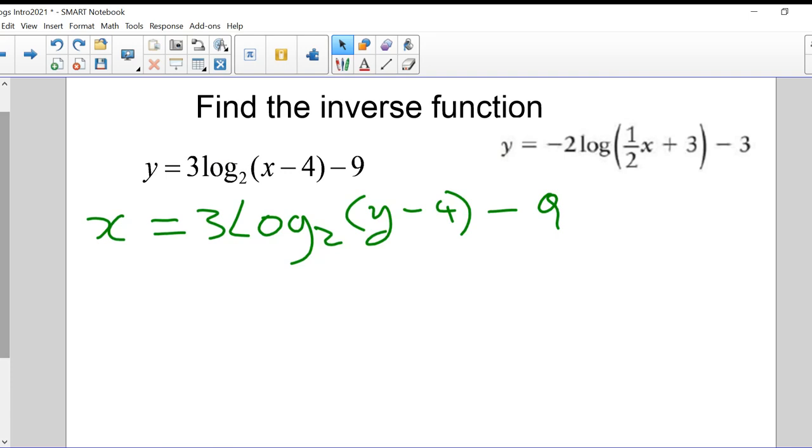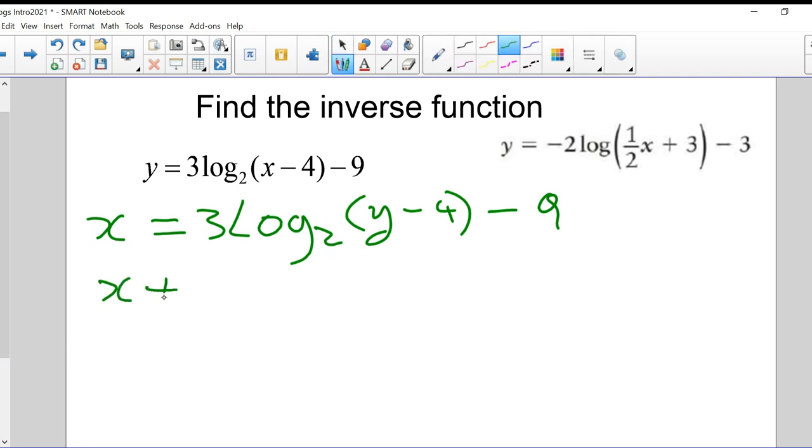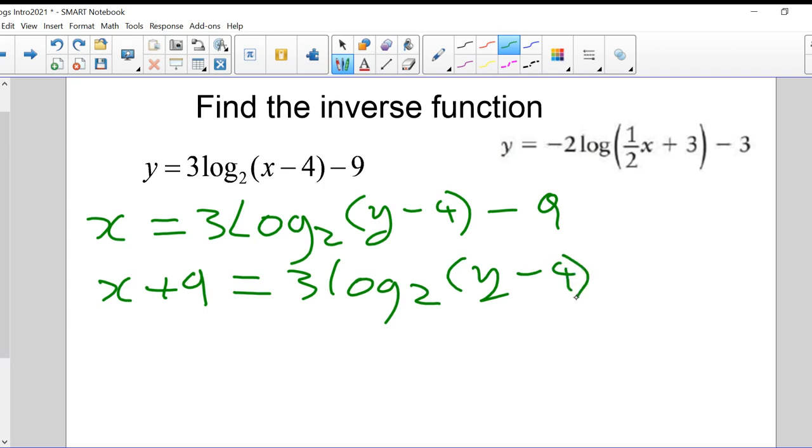Of course, we have to isolate the y now, right? Does anybody have an idea of where next? Plus the 9 on the two sides. So far, that's just simple regular algebra. So we have x plus 9 is equal to 3 log base 2 of (y minus 4). Okay, that's good.